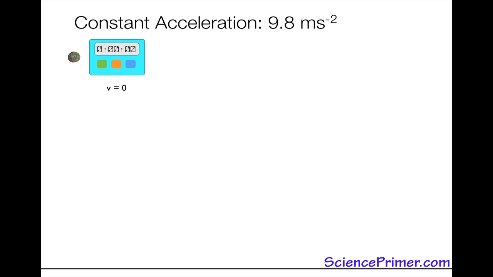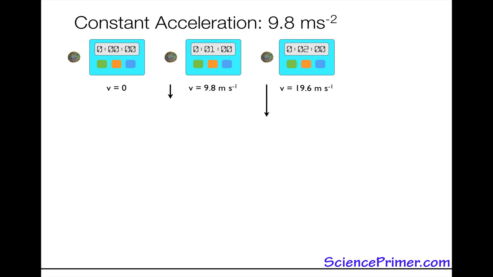It's being held up in the air, so it's got a velocity of 0 at time 0. If it's let go, it will begin to fall, and after 1 second, it will be traveling at 9.8 meters per second. After 2 seconds, it will continue to accelerate 9.8 meters per second every second, and so after 2 seconds, it'll have twice the velocity: 19.6 meters per second.